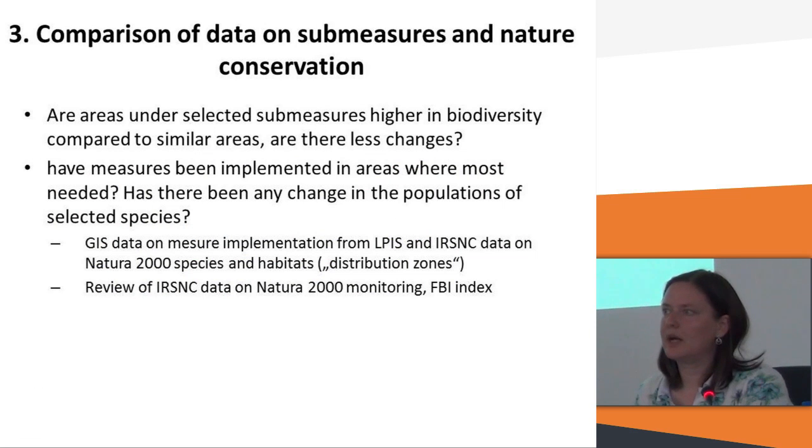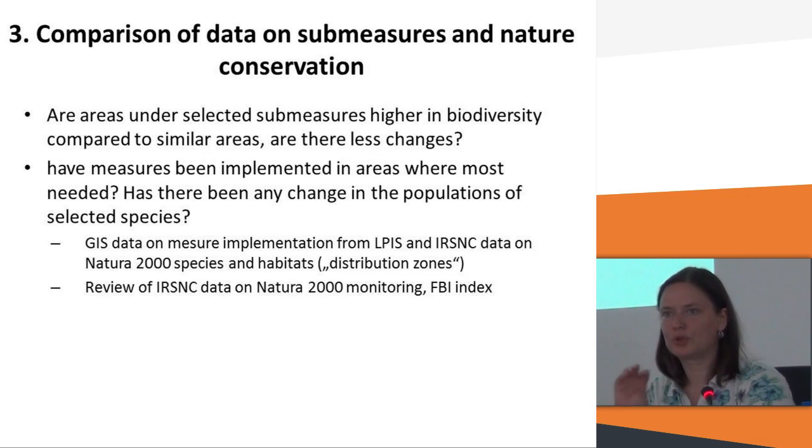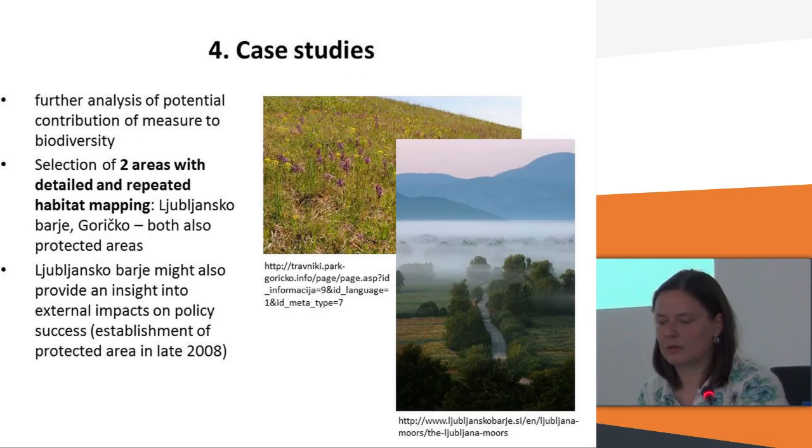So here we combine this data from LPs with GIS data from Natura 2000 monitoring on species and habitats. We have also for each species, we'll see later, the so-called distribution zones, exactly where they can be found. And we use the data from the FBI index and so on.